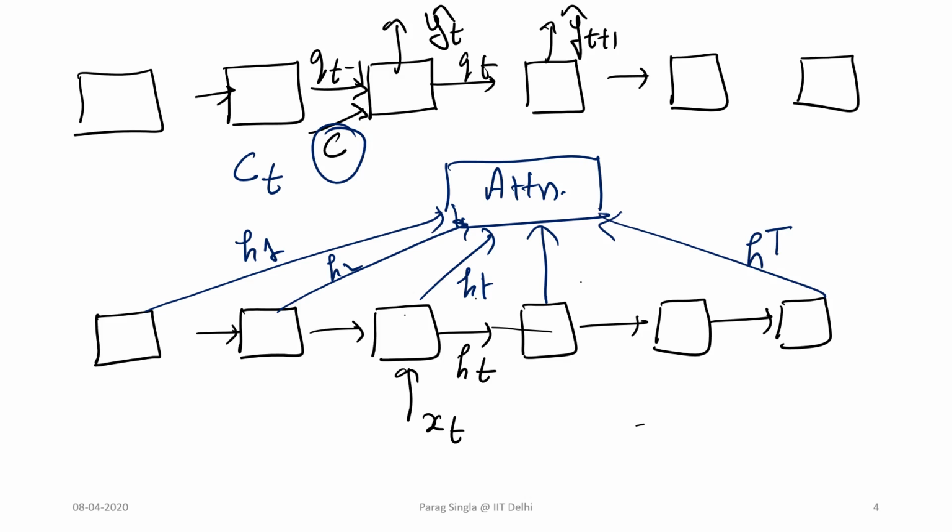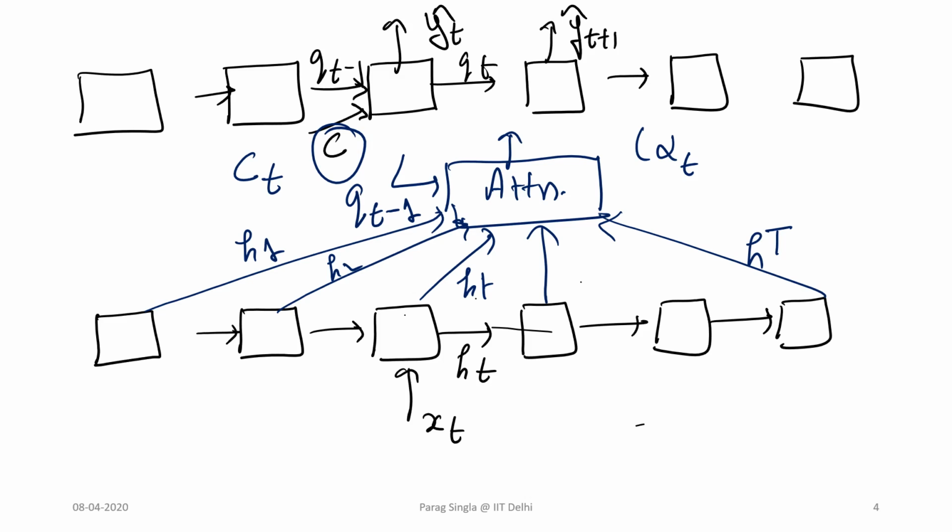It also takes as input the current output hidden state, qt minus 1, and produces a set of normalized scores, denoted by alpha t.